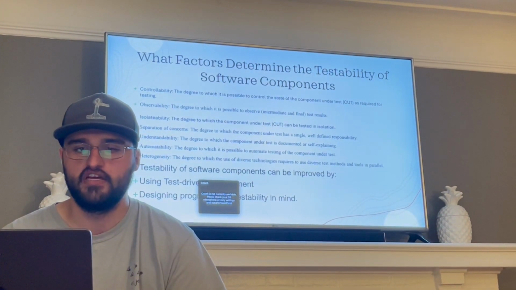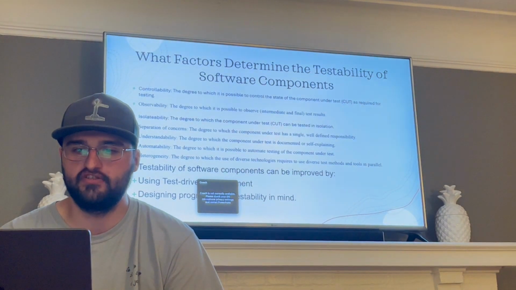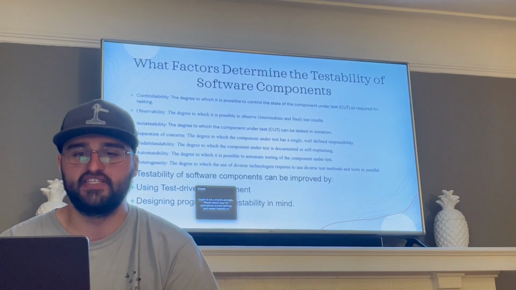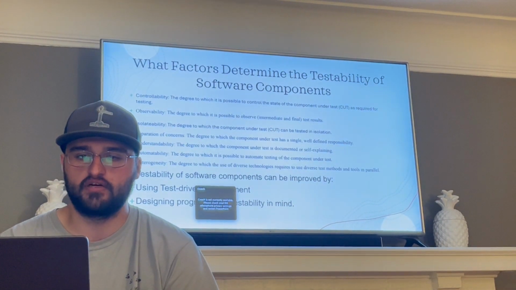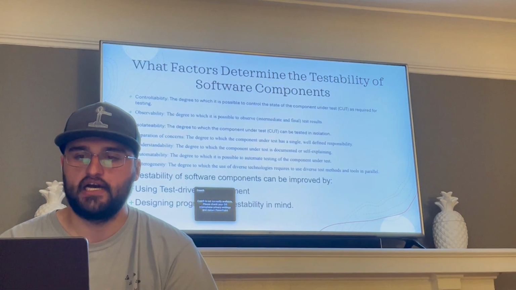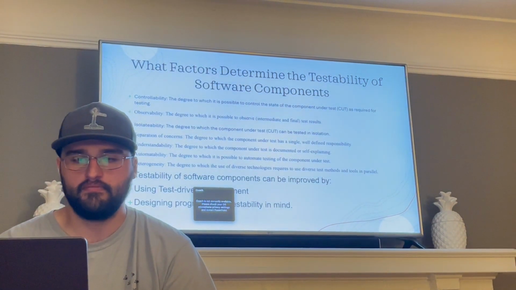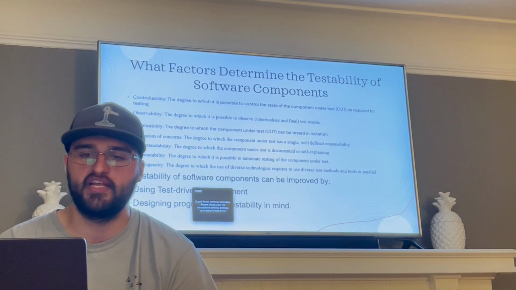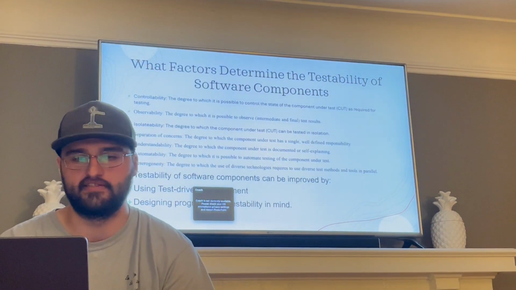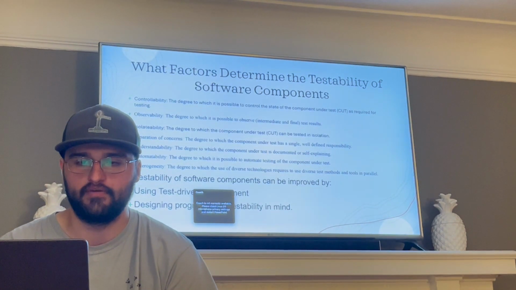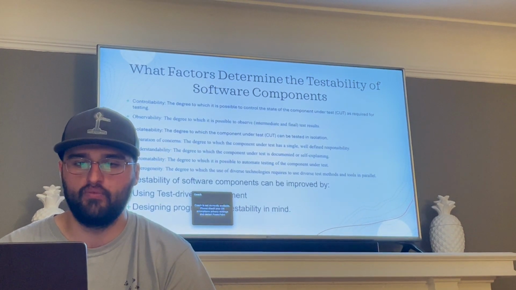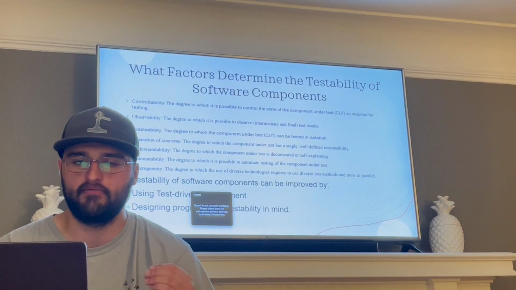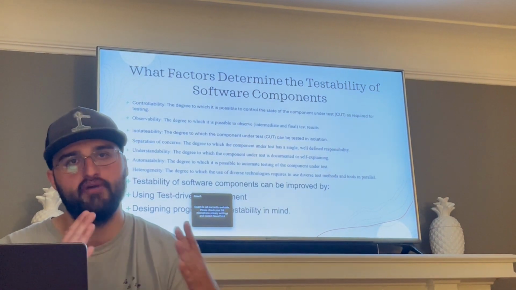Separation of concerns is the degree to which the component under test has a single, well-defined responsibility. Understandability, the degree to which the component under test is documented or self-explaining. Automatability, the degree to which it is possible to automate testing of the component under test. And heterogeneity, the degree to which the use of diverse technologies requires the use of diverse test methods and tools in parallel.